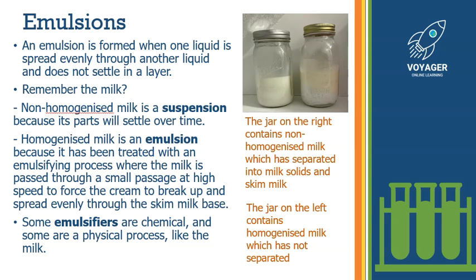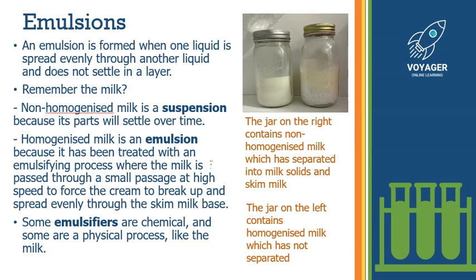Now, more about colloids. An emulsion is formed when one liquid is spread evenly through another liquid and does not settle in a layer. So remember the milk? Non-homogenized milk is a suspension, which is a form of colloid, because its parts will settle over time. But homogenized milk is an emulsion, which has been treated with an emulsifying process.